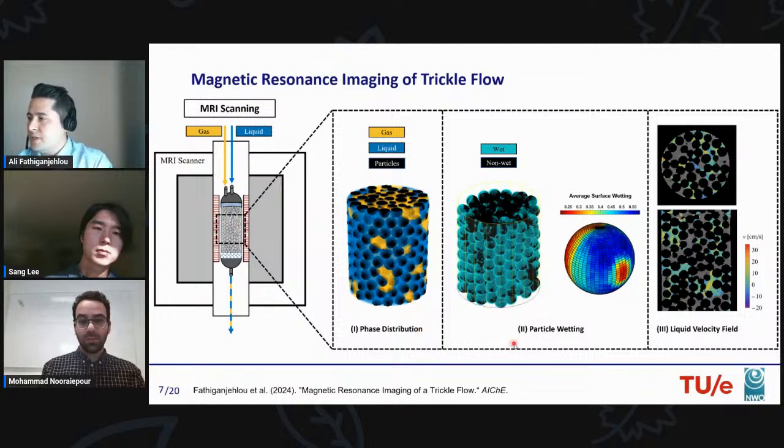We were also able to calculate the local particle wetting, and also measure the local liquid velocity field. So if you want more information about this work, I would ask you to refer to our recently published paper.